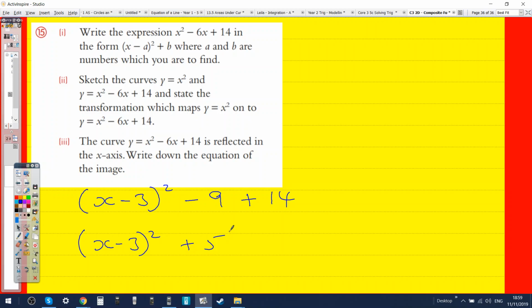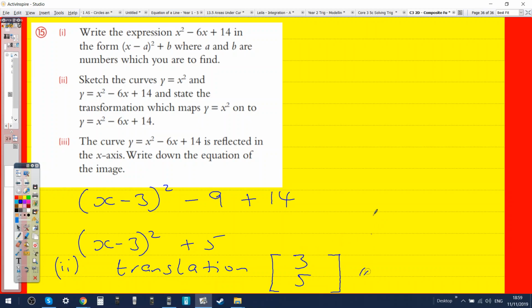And then what transformation maps x squared onto that? Okay, so it's a translation of plus 5 being the plus 5 of the y-intercept going up, and the x value is going 3 to the right.